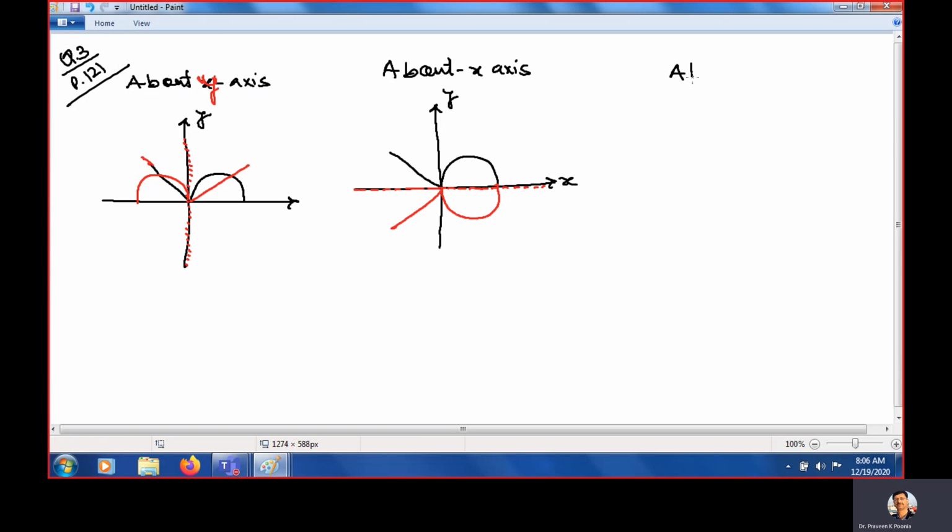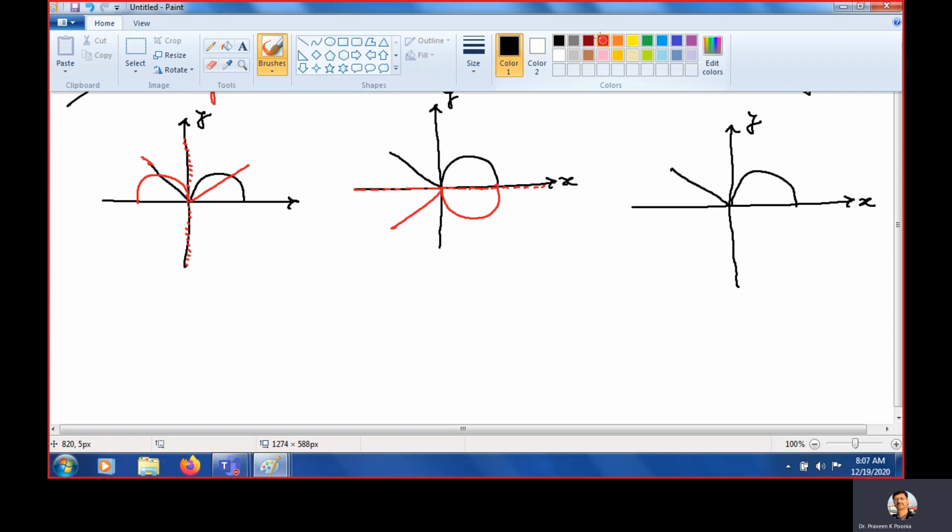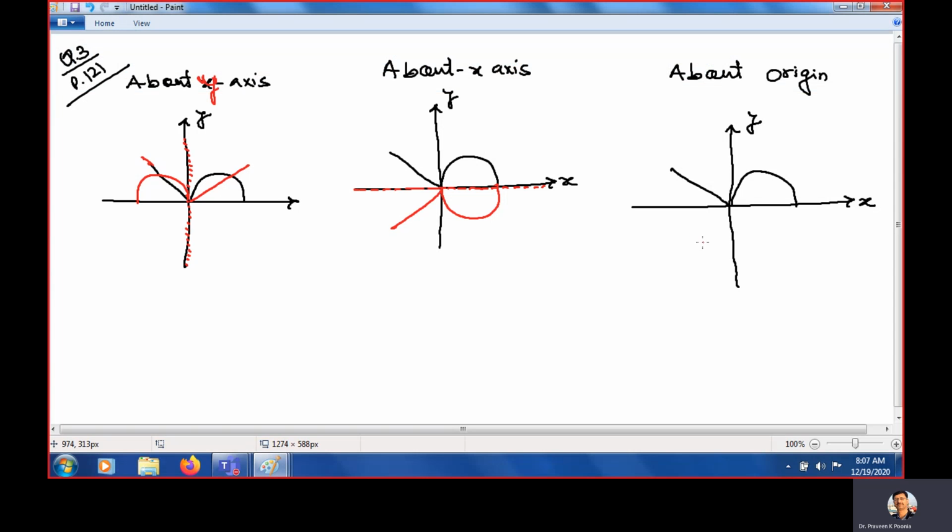Now about origin. How did I explain it? I told you whatever is in the first quadrant, same will be in the third quadrant, and whatever is in the second quadrant, same will be in the fourth quadrant. You need to make this. Now extend the graph symmetrical about origin.